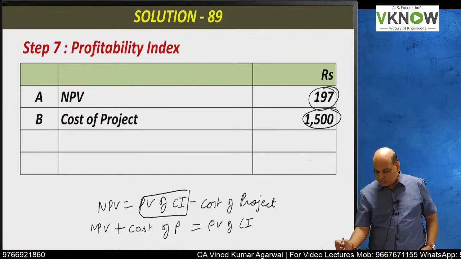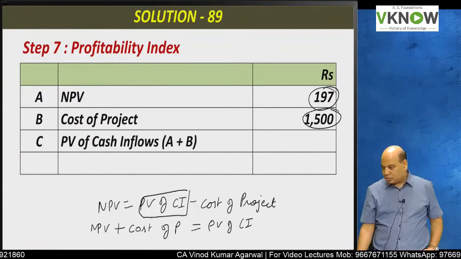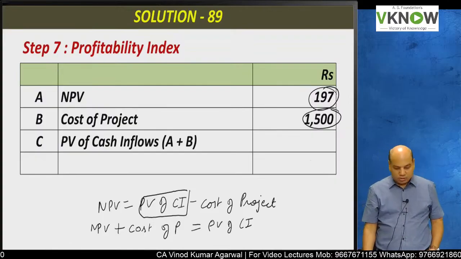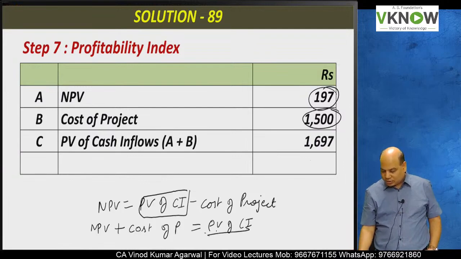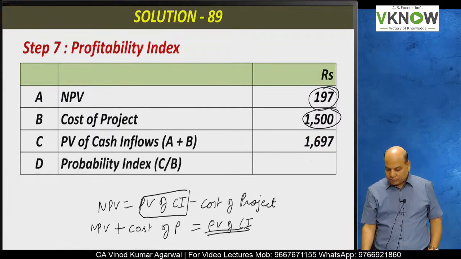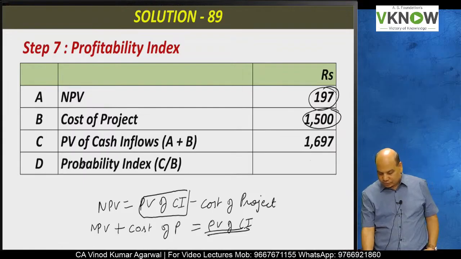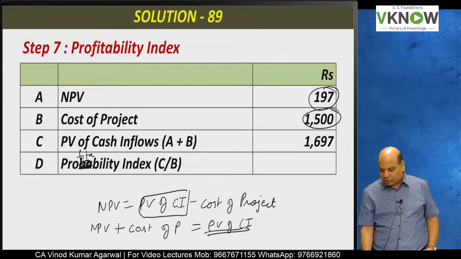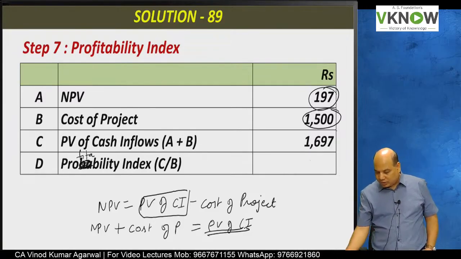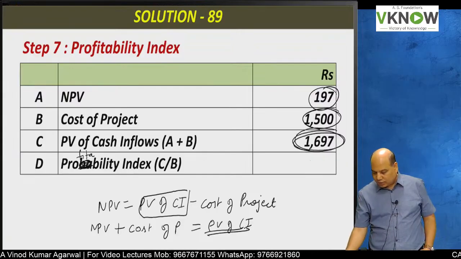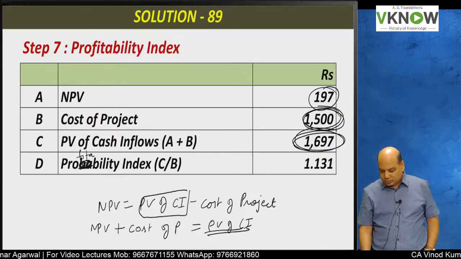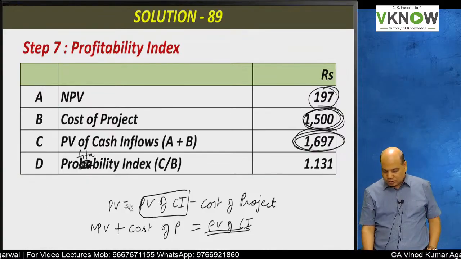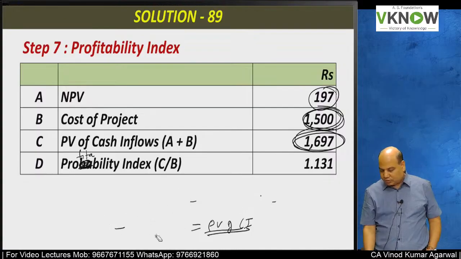So PV of cash inflow will be 1697, and therefore profitability index will be inflow divided by outflow, 1.131.